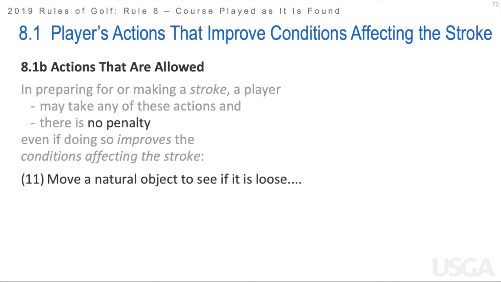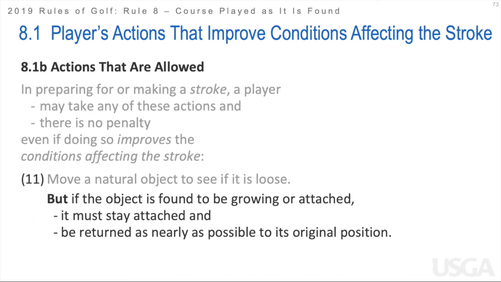So sometimes we're not sure if a natural object is loose or if it's still growing. So we are allowed to move a natural object to see if it is loose. But if we find that that object is growing or attached, then we have to leave it attached. It has to stay attached, and we also have to return it as nearly as possible to the original position.